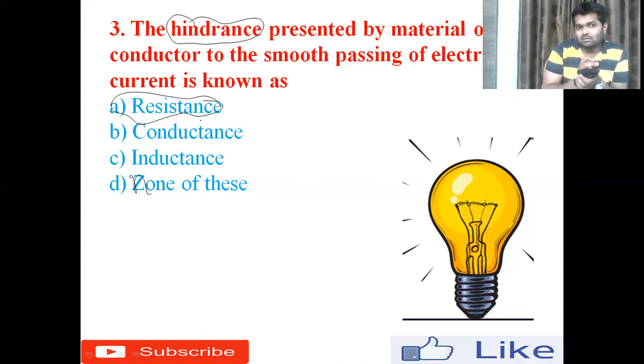Next, inductance. Inductance is one of the important properties of the conductor, which creates the EMF in the circuit, or makes sure that the charges are flowing in the circuit. That property is called inductance. But the right answer for this question is resistance.